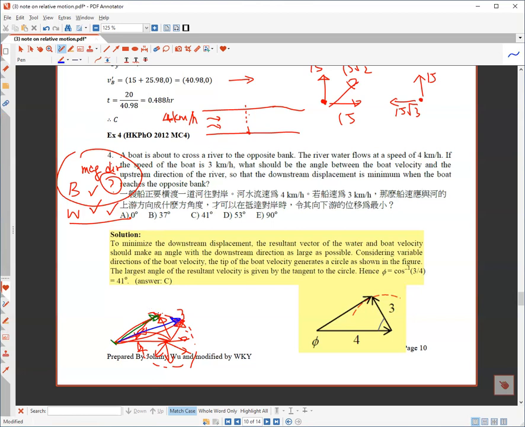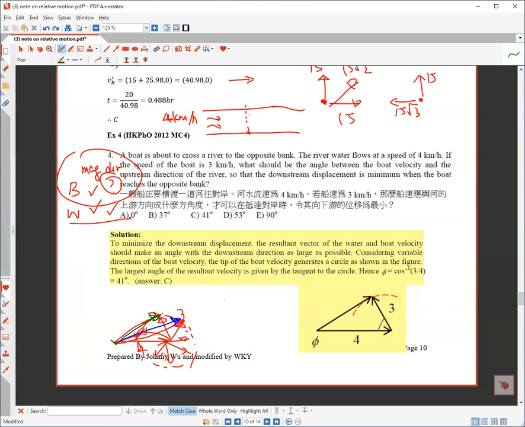Which one will have the smallest downstream displacement? Of course, the answer should be the green one. Because when you extend this line, and let's say this is a river, then the blue one will have a larger downstream displacement than the green one.